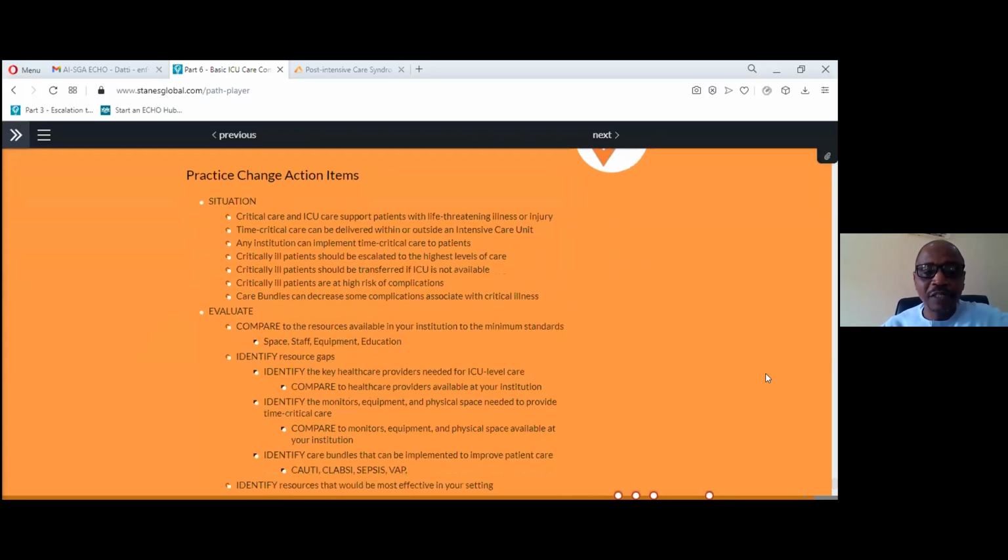So the practice change here, the situation under it, you have the critical care and ICU care support patient with life-threatening illness or injury, and so on, up to the care bundles that can decrease some complications. Then you need to be able to evaluate, you compare, identify, and then you look at the bundles again. Let's scroll down, please.